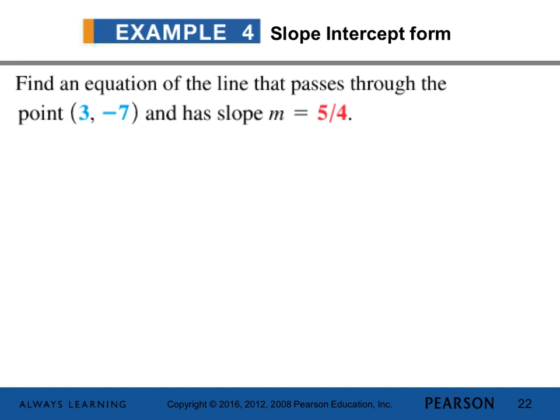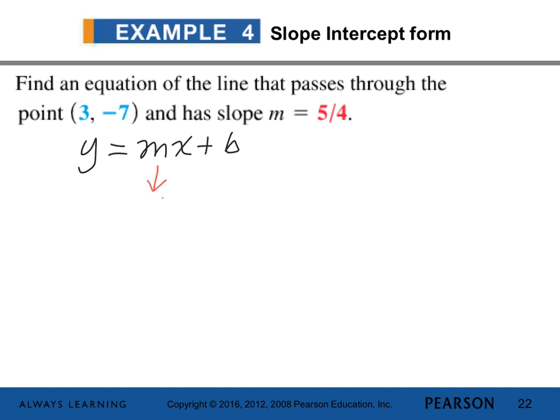So here I'm going to write an equation that passes through the point (3, -7) and has slope of 5/4. Now I've got my slope, but I don't have the y-intercept. What I'm going to do in that case is take my slope-intercept form and plug in what I know.